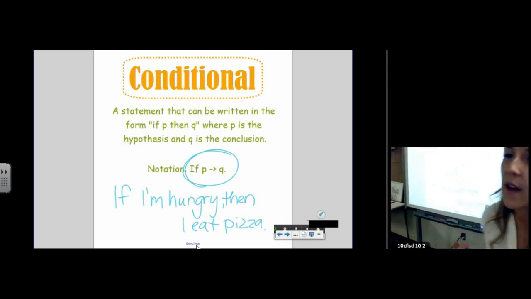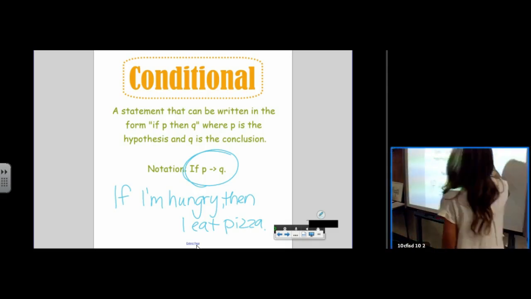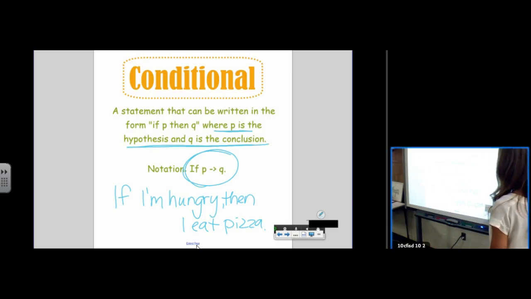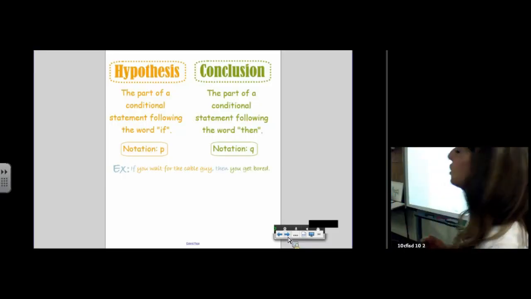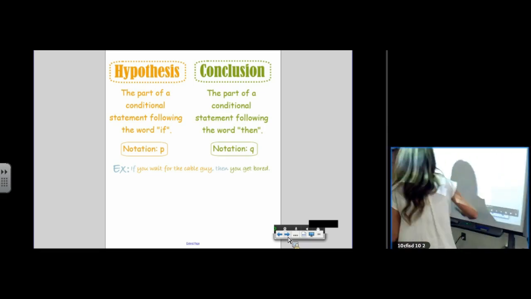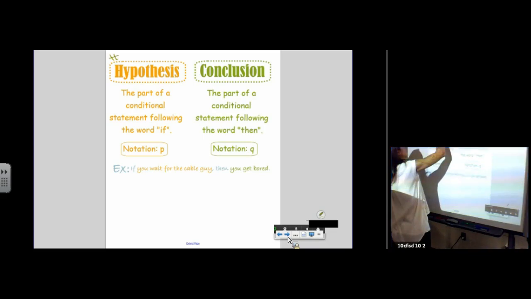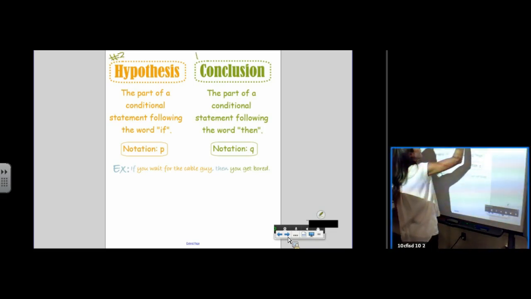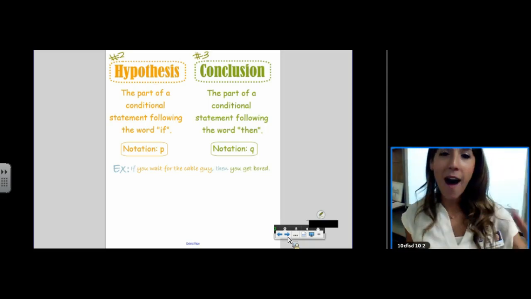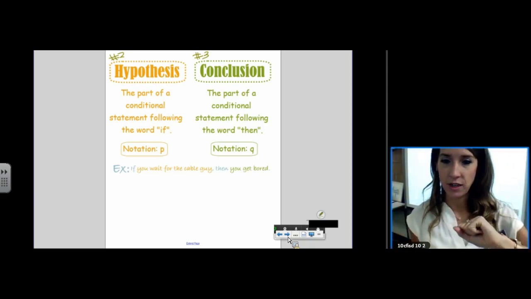Okay. Now, every conditional has 2 parts. A hypothesis and a conclusion. So this is term number 2. This is term number 3. Every conditional has a hypothesis and a conclusion.